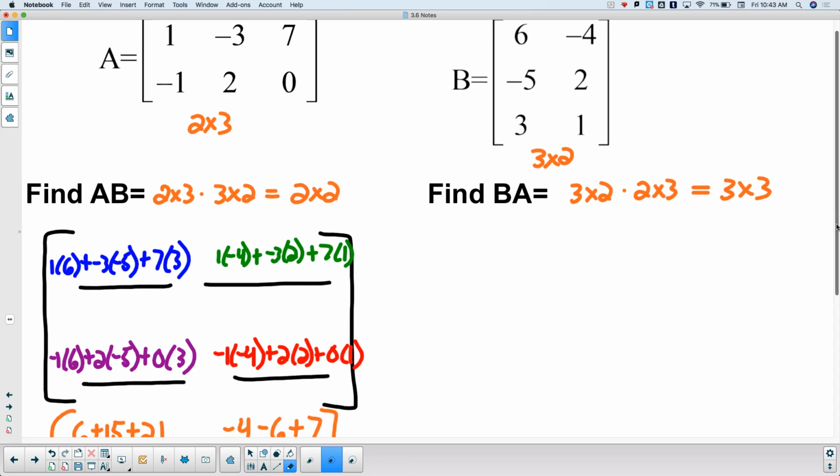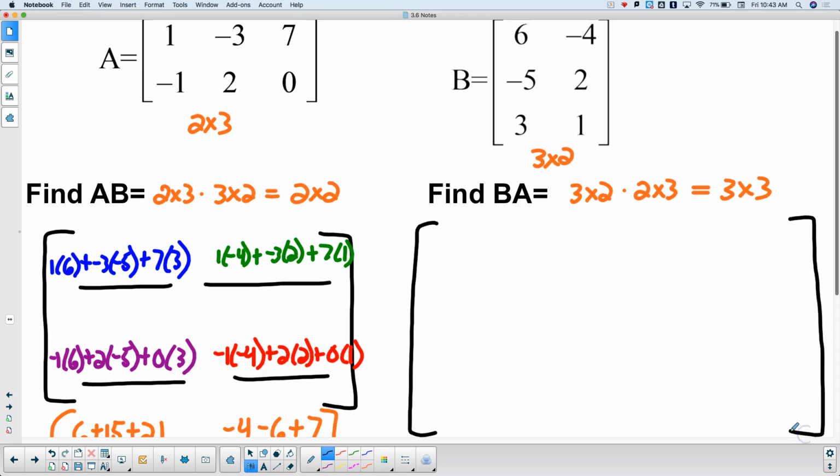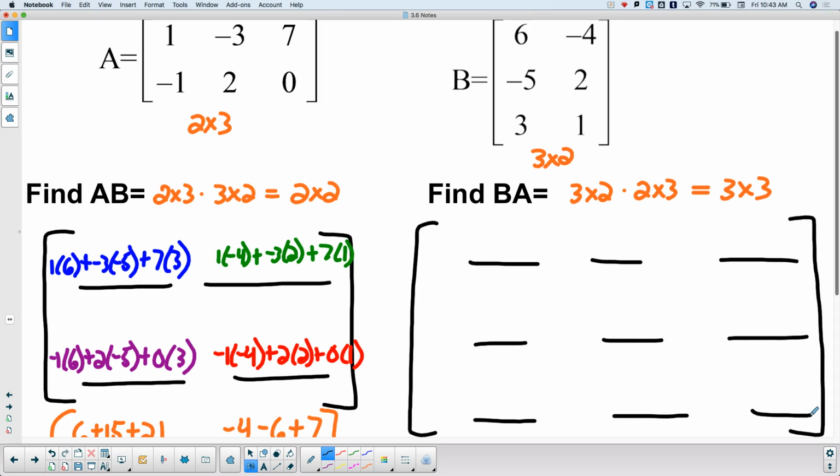Give me some more space. So now I've got to go in reverse order. So what I would do is I would just probably go like this.